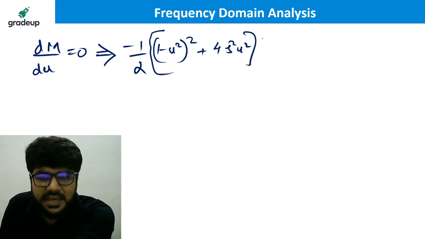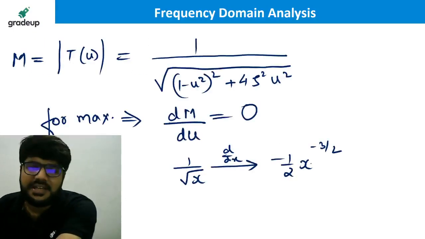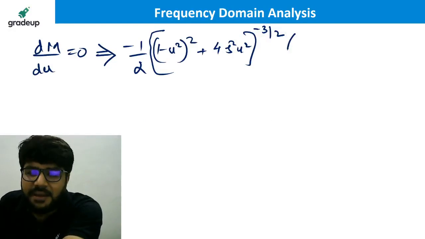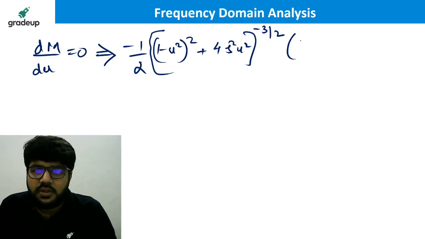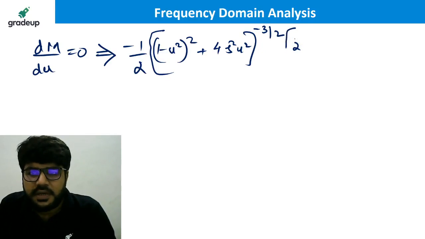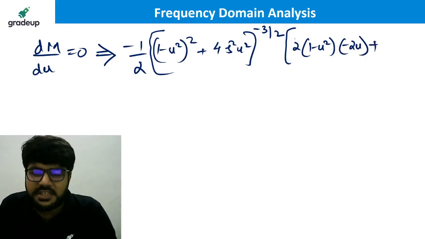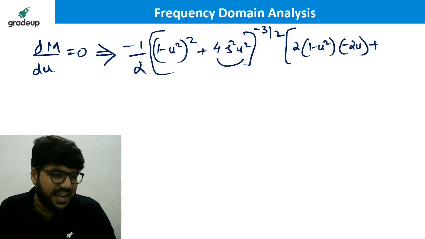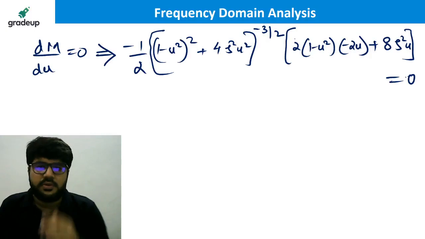Then apply the chain rule: differentiate the bracket term again with respect to u. It is equal to twice (1 minus u square) times minus 2u, plus the differentiation of 4 zeta square u square, zeta being constant, which gives 8 zeta square u. And put it equal to 0.